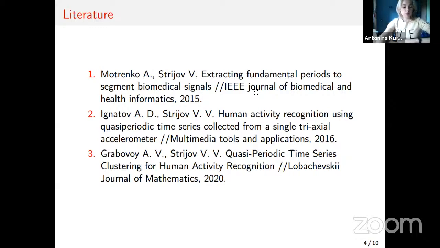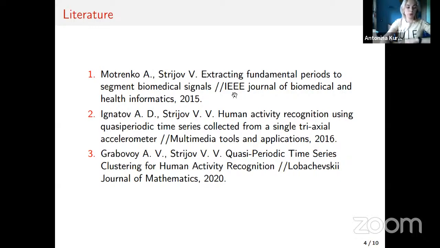The second paper proposed a method for human physical activity recognition using time series collected from a single triaxial accelerometer of a smartphone. Primarily, the method solves a problem of online time series segmentation, assuming that each meaningful segment corresponds to one fundamental period of motion.